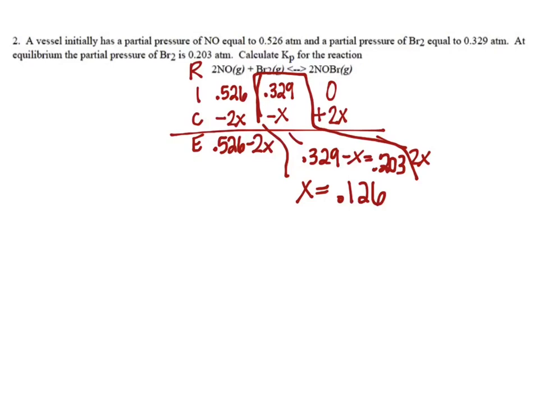And now we can plug that in to our other two equations to solve for those pressures. So 2x is equal to 2 times 0.126, which gets me 0.252.